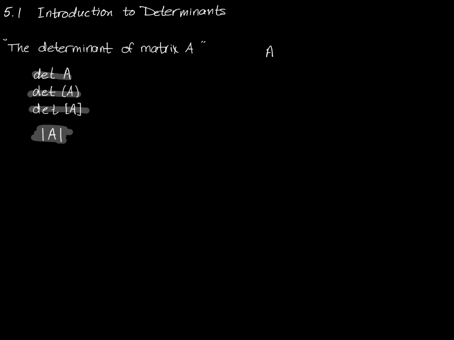Additionally, if you have a matrix A, let's just put some generic entries in there for now, a, b, c, and d, some generic matrix entries. Then if I want to take the determinant of A, I'm going to use the entries of the matrix, and I'll draw these vertical bars either side of the entire matrix.